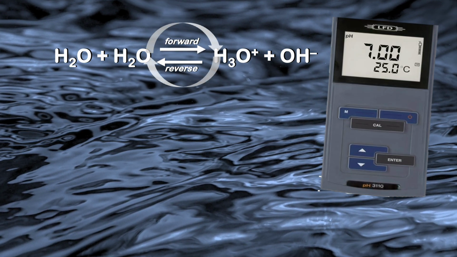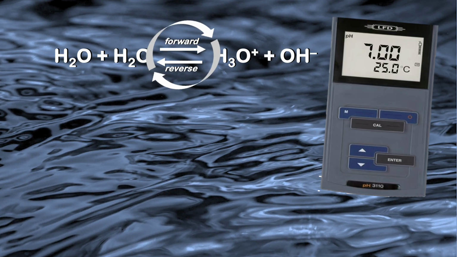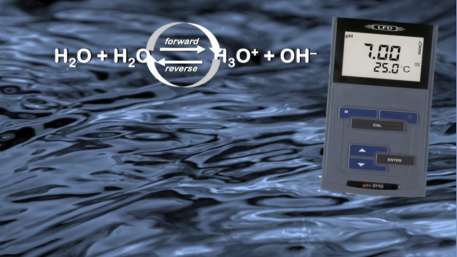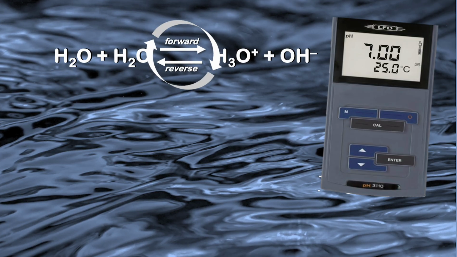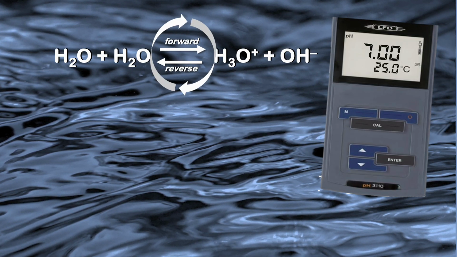When these opposing processes continue at equal rates, a state of dynamic equilibrium is reached, where the concentrations of reactants and products remain constant, and there is no net change in the overall composition of the system, even though individual molecules continue to react.